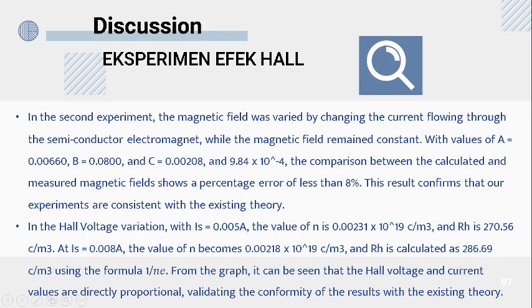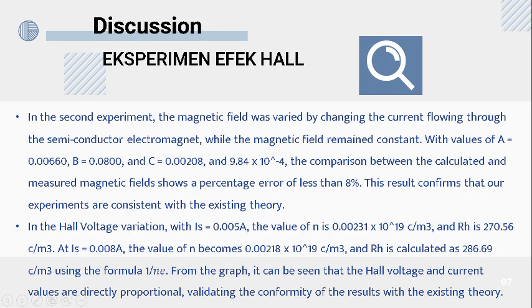At IS of 0.008 ampere, the value of n becomes 0.00218 × 10^19 per cubic meter and RH is calculated as 286.669 using the formula.